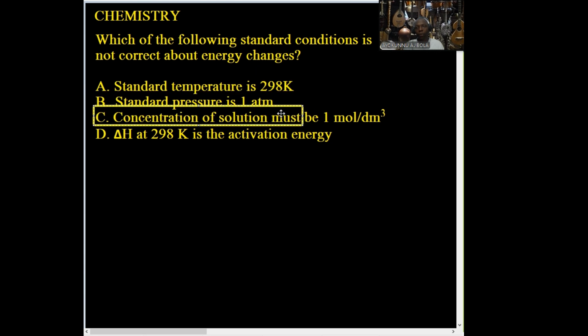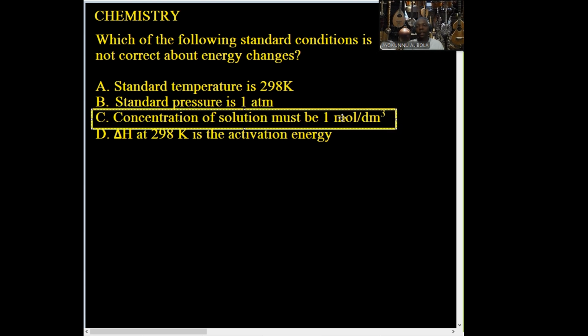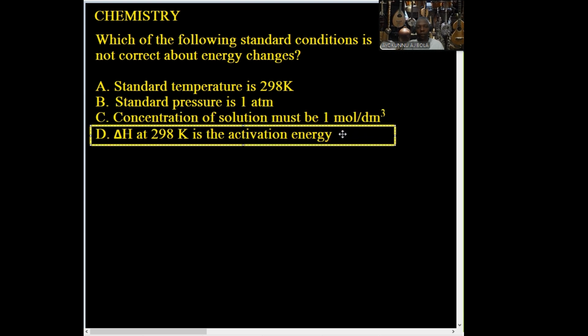Let's go to the third one to see whether it is also correct. Concentration of solution must be 1 mole per dm cube. That is a standard concentration. So what about the last option? The last option is not correct because it said delta H at 298 Kelvin is the activation energy.